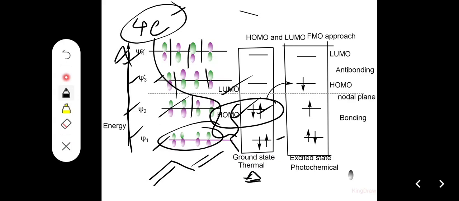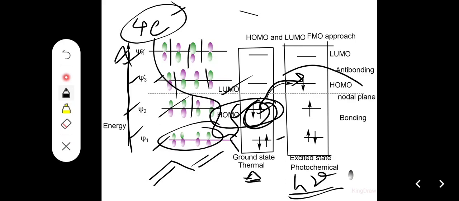Okay, but when h nu is used, photochemical excitation can occur. In that case, 1 electron goes up there. Okay, so now this is the highest occupied molecular orbital. The highest occupied molecular orbital does not depend on whether 1 or 2 electrons are present, but depends on the factor that an electron should be present.